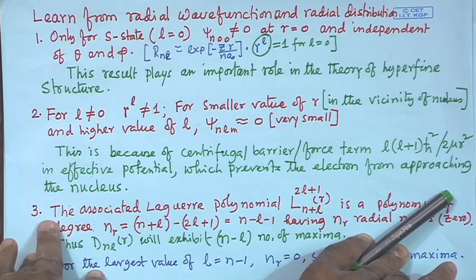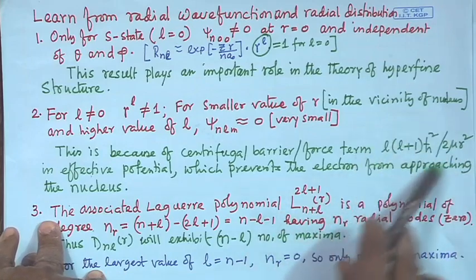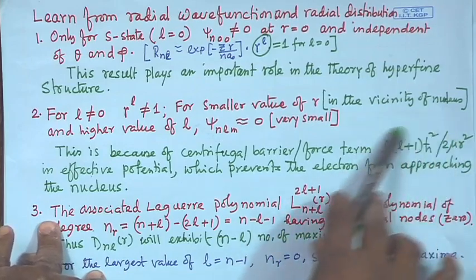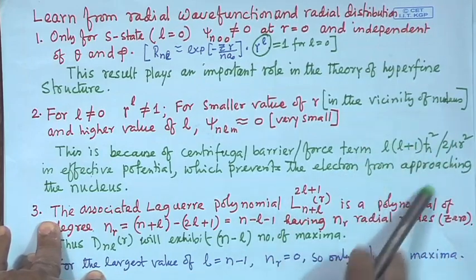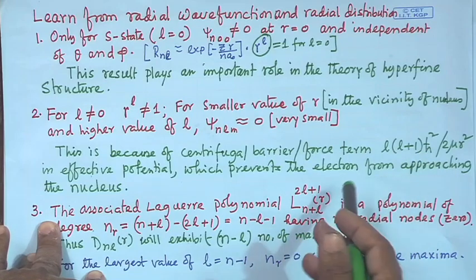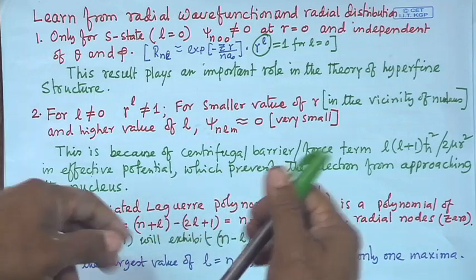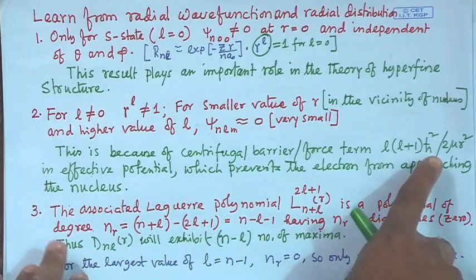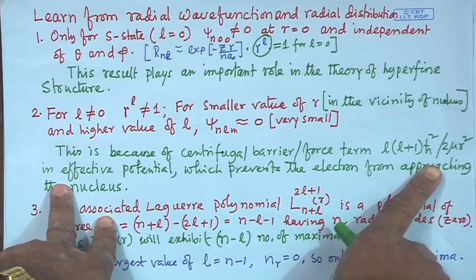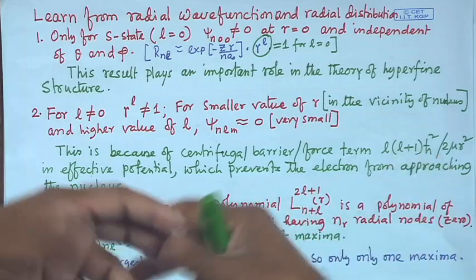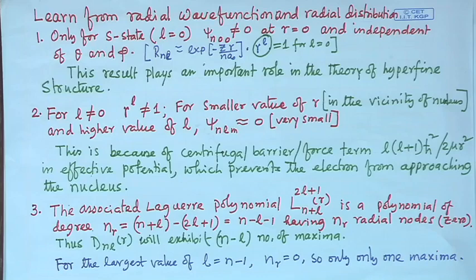So this term came in the same way as the potential energy. Because of this barrier, it is basically the centrifugal force. This is the effective potential, this term together with the potential between the nucleus and the electron.